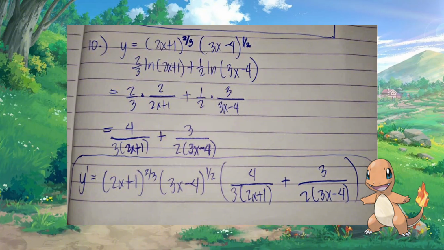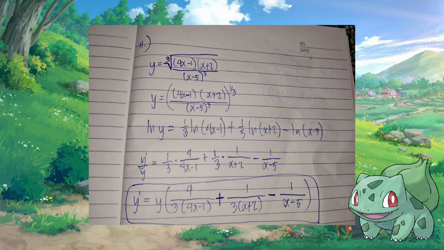So the original answer is y prime equals (2x plus 1) raised to 2/3 times (3x minus 4) raised to 1/2 times 4 over 3 times 2x plus 1 plus 3 over 2 times 3x minus 4.